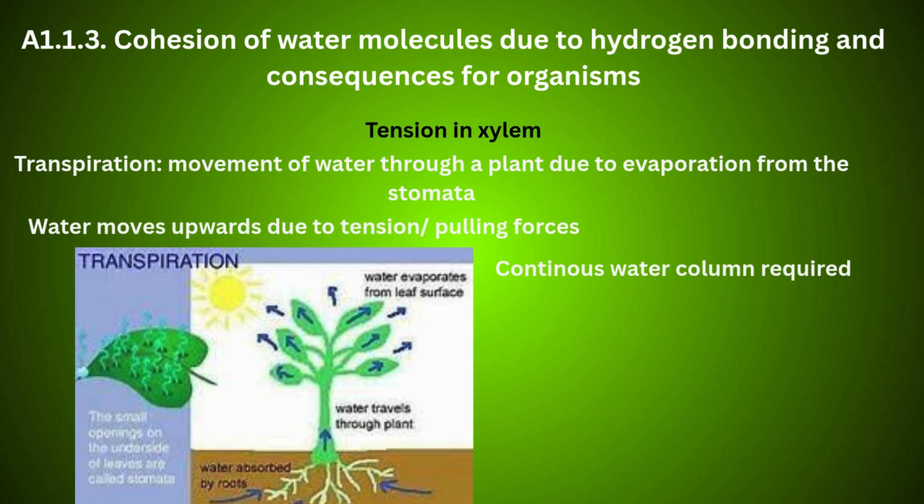As long as one water molecule is in contact with the other molecule right beneath it, it's going to be able to create the tension force and pull the water up through the xylem of the plant, all due to cohesion.